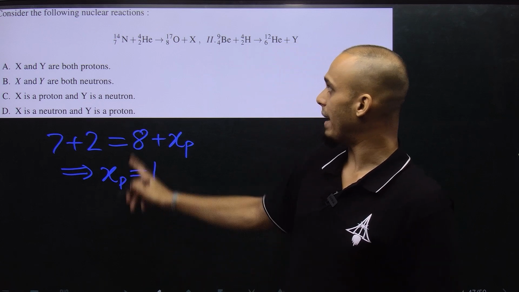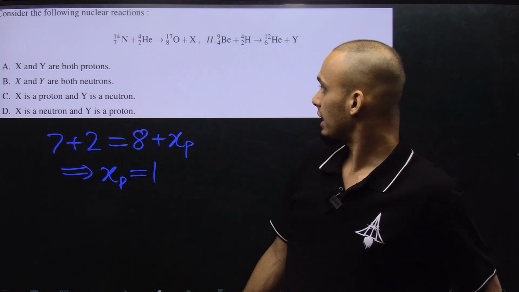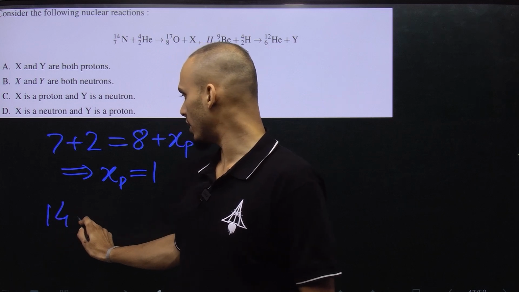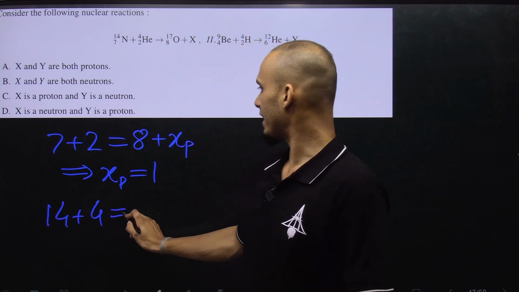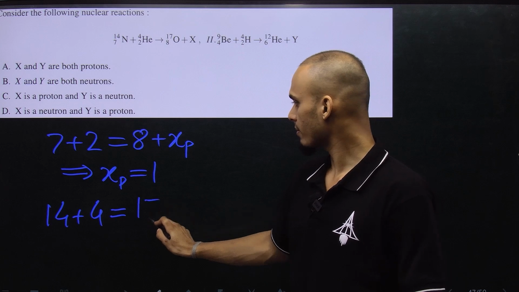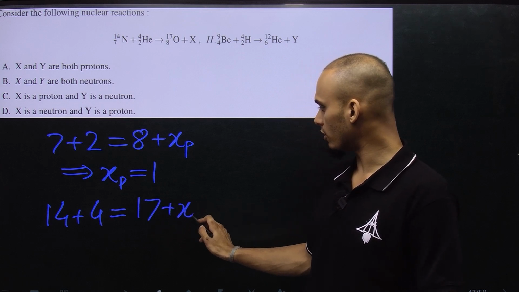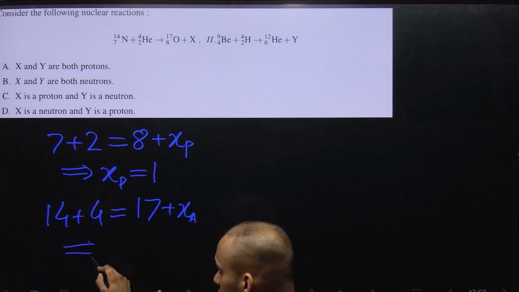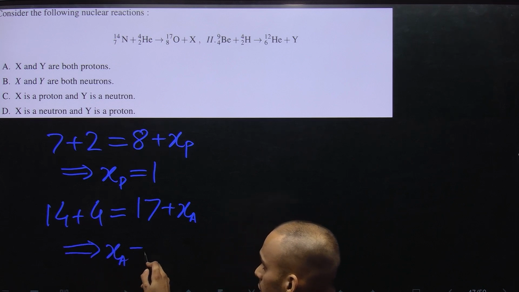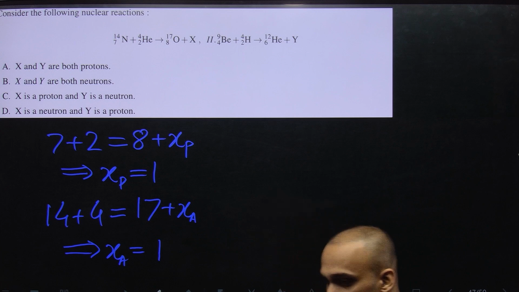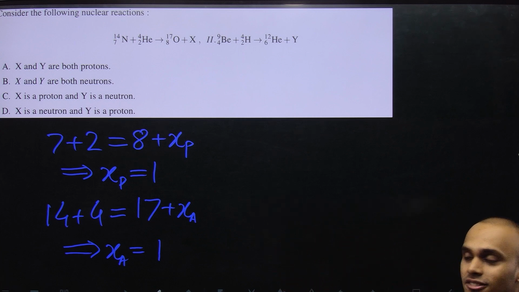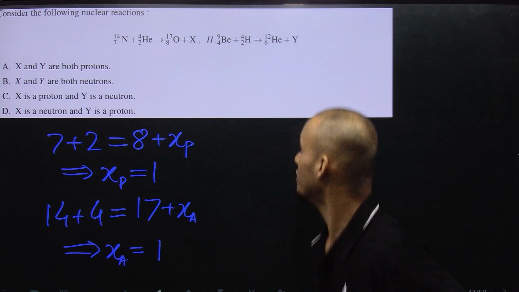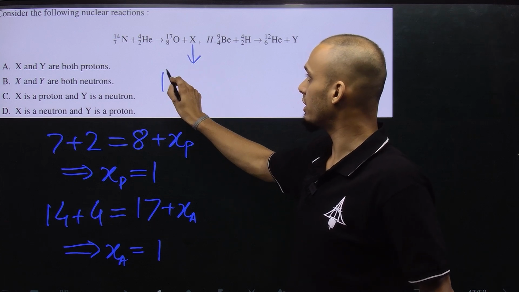And similarly, balancing the total number of nucleons, the LHS has 14 plus 4 nucleons and RHS has 17 plus some nucleons of X. Balancing again, we get the number of nucleons of X to be equal to 1. Since X has 1 proton and 1 nucleon, which is the proton itself, we know X has to be a proton, it can't be anything else.